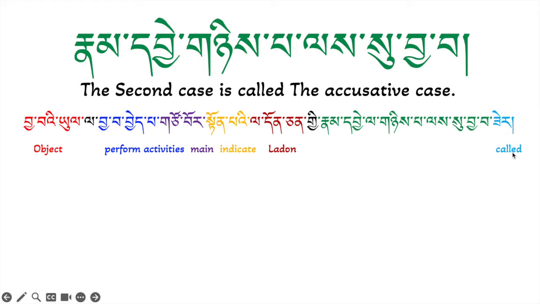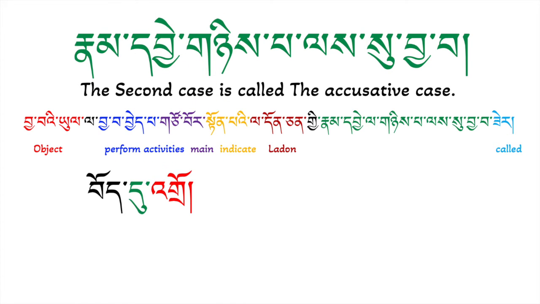Ser is called. For example, we're going to demonstrate the sentences. For example, here Be is Tibet, do is kind of a Ladin particle. Okay, we will come to it later. And do is the action or activity.